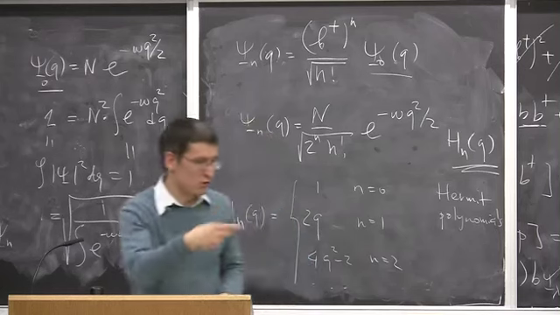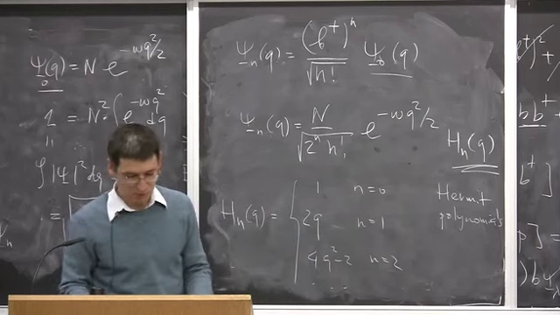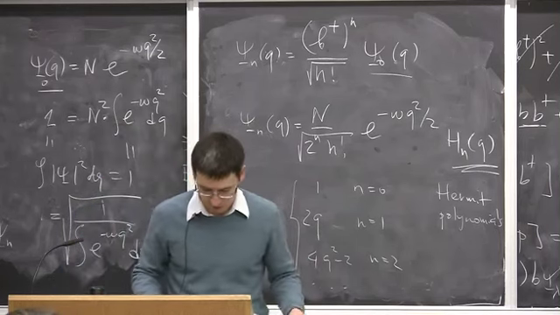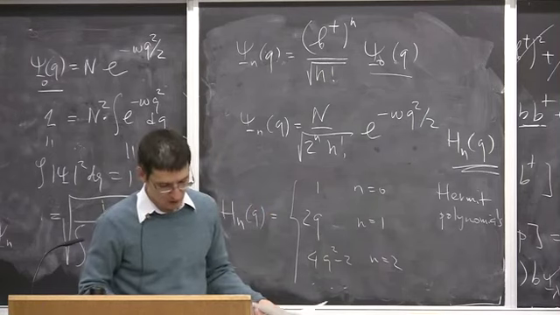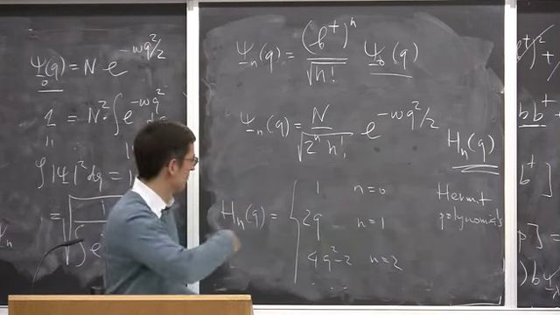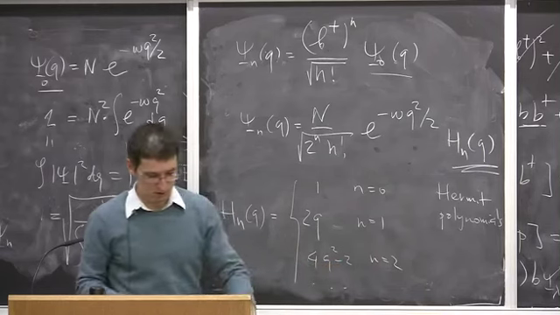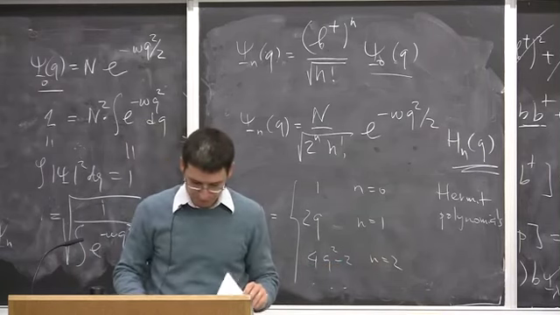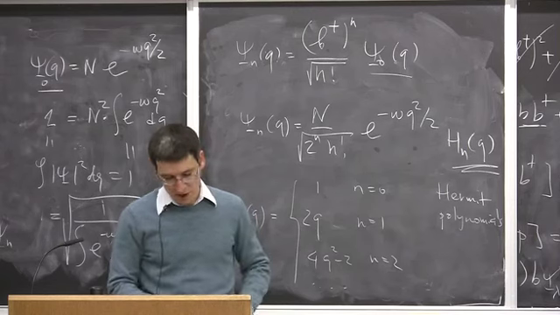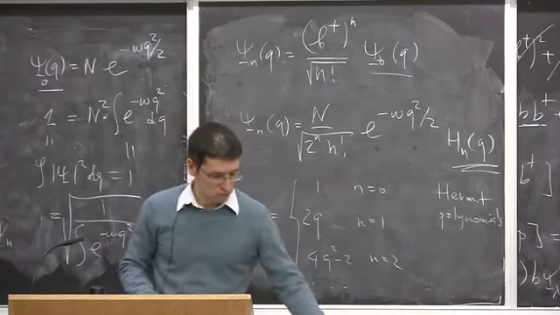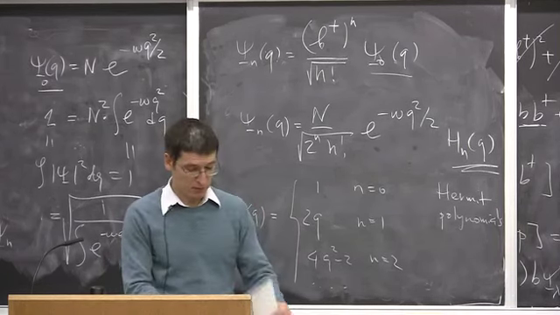Essentially you need to differentiate n times to get to the nth order Hermite polynomial, and you cannot just write the coefficient in a simple form. Okay? Now, this is the complicated part.